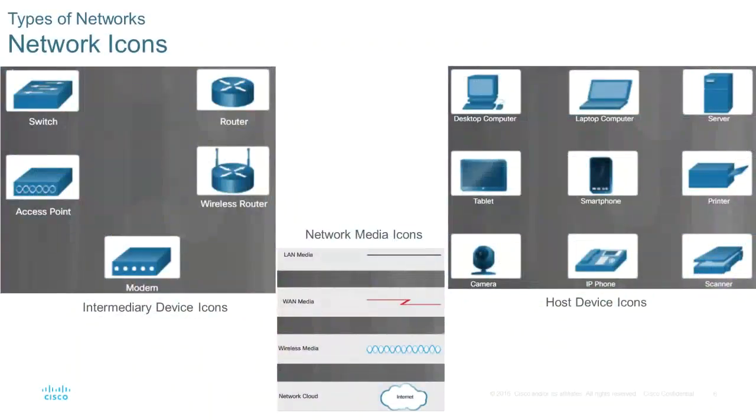So these are the standard icons that Cisco uses within most of their courses. On the left-hand side, we've got the main intermediate devices, which are basically the devices that handle your traffic as it's going from A to B. So if you're using a wireless device, you will come up through a wireless access point, whether that be a standalone access point in an enterprise, or like you have at home, a wireless router that you connect to.